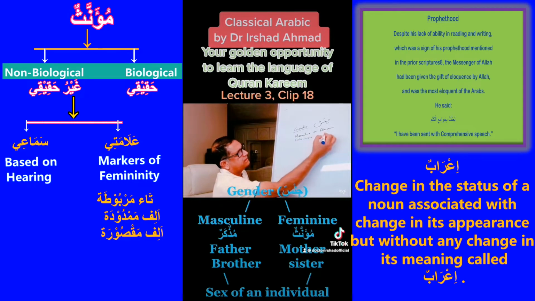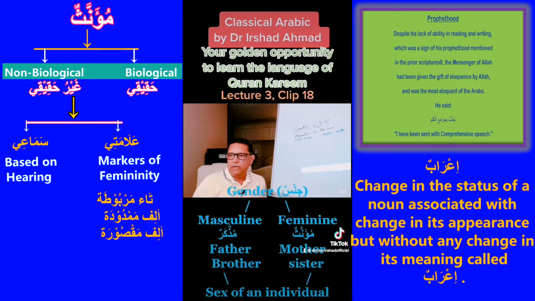On the feminine side, mother, sister. Up to here, for an English speaking person, there is no problem at all, because this is basically really about the sex of an individual, male or female.